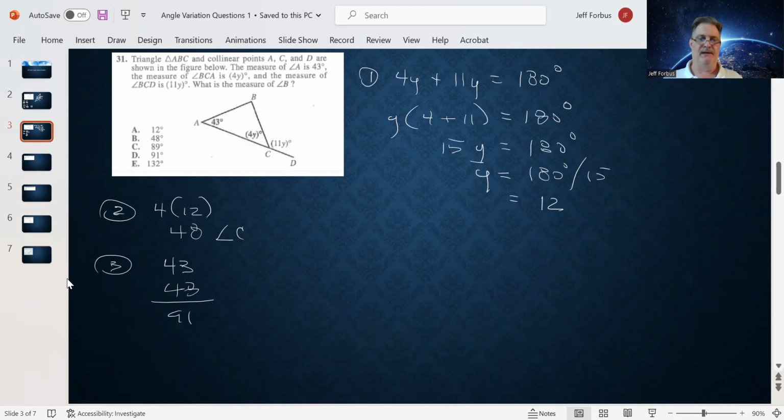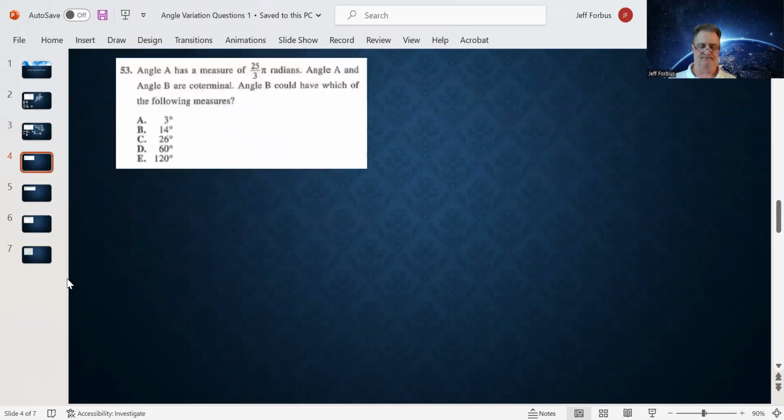Now we can take and subtract 91 from 180. And when you do that, you get 89. That 89 degrees is going to give us angle B. And that's going to be answer choice C. Okay, let's move on.